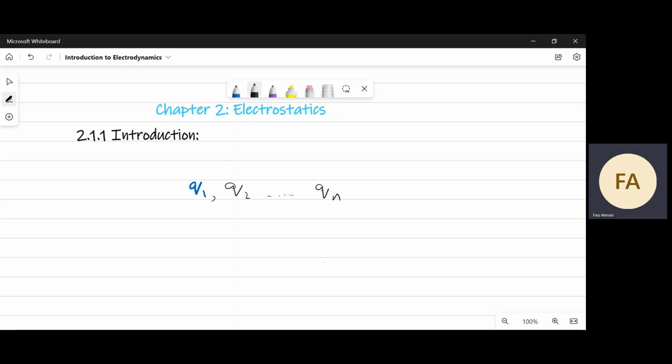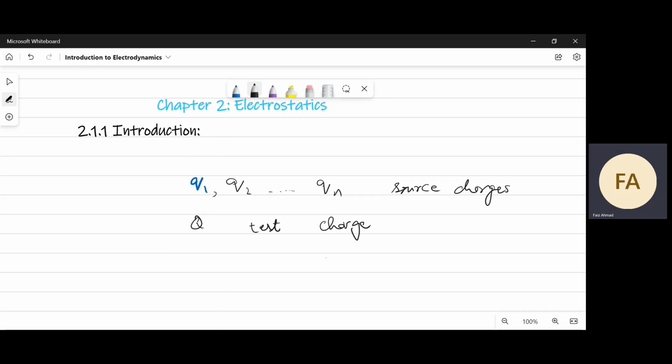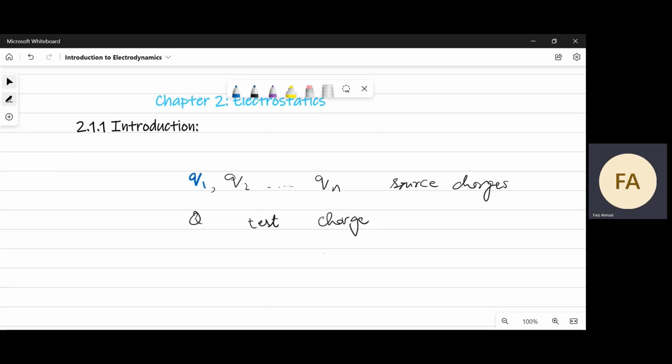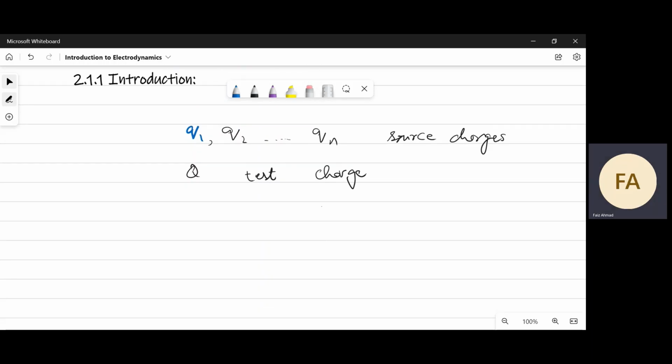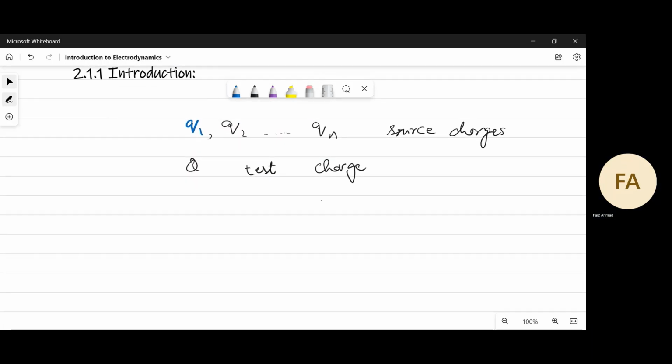We can call them source charges. And we want to find the force on another charge, capital Q, called a test charge, due to the charges Q1, Q2, Q3, ..., Qn.